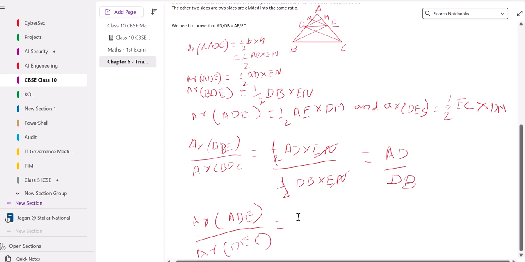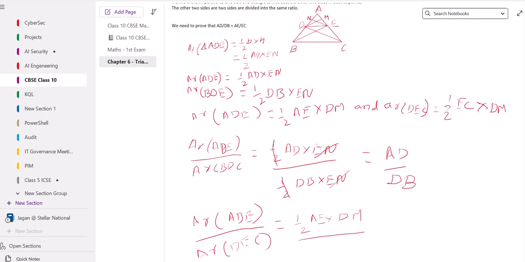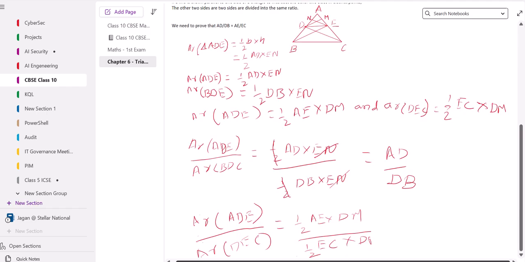Now, so again, let's expand that. What was it? As per what was written above, area of ADE equal to half into AE into DM, and area of DEC equal to half EC into DM.